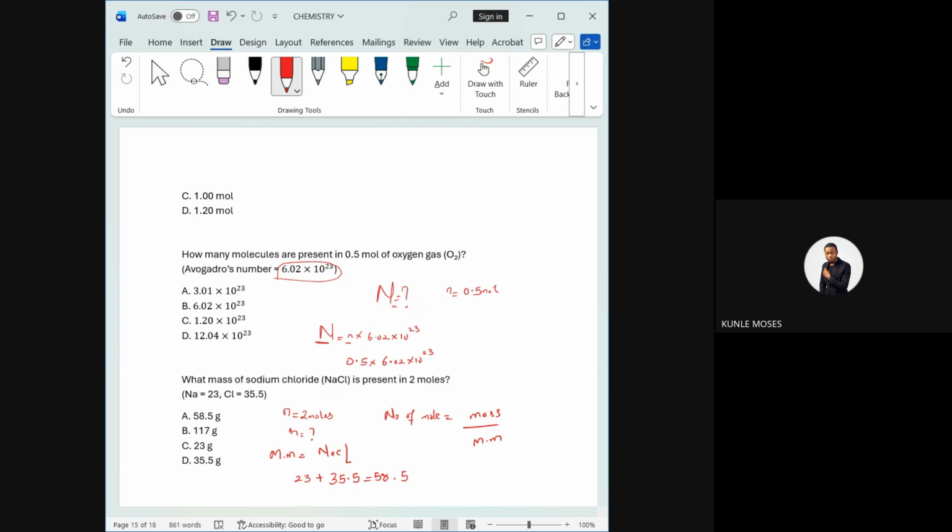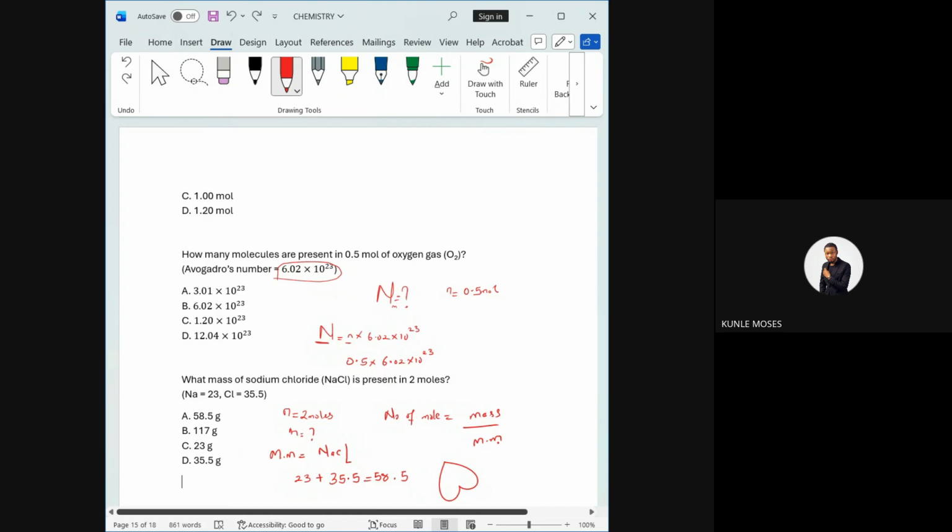So now that we have gotten the molar mass, our number of moles is 2.